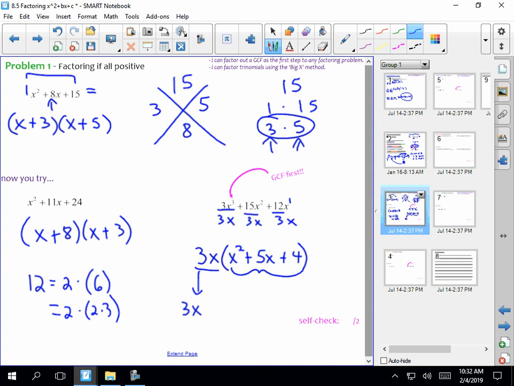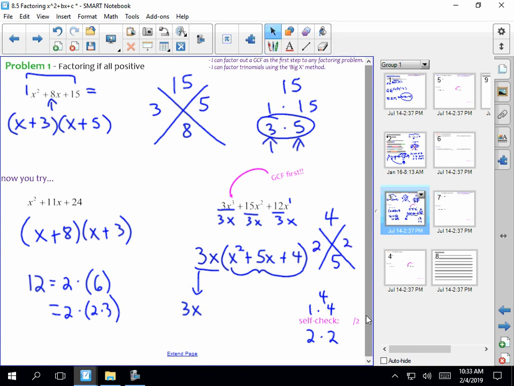So what we're going to do is we can do our big X on this second part. We're looking for factors of 4, because we have an unwritten 1 in front of that x squared, that add to equal 5. And so my factors of 4 are either 1 times 4 or 2 times 2. Oh, my goodness, we have to add to equal 5 though.